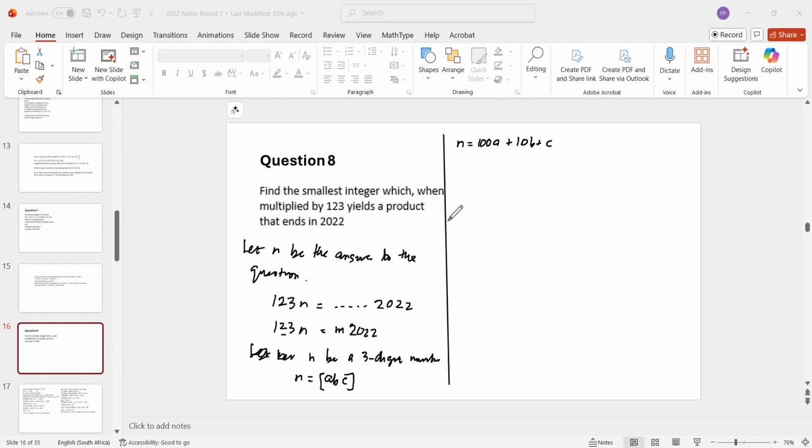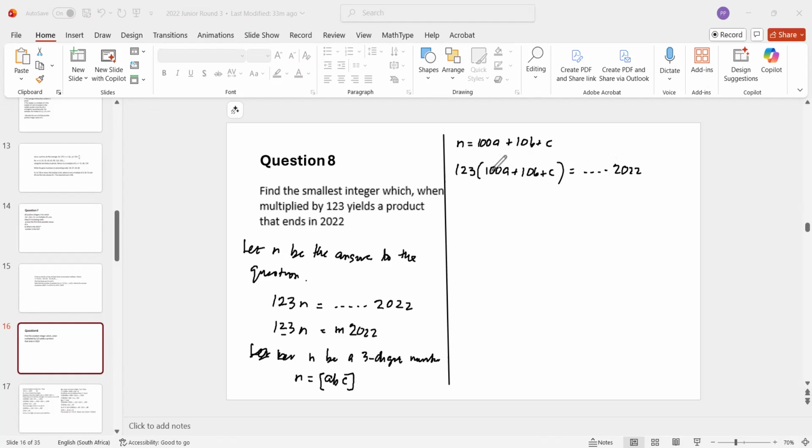Its actual value is 100A plus 10B plus C. So you have 123 times this equal to something, something, something, 2022. Actually, there's only one digit here. But it's not important.